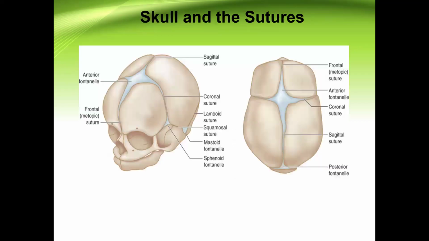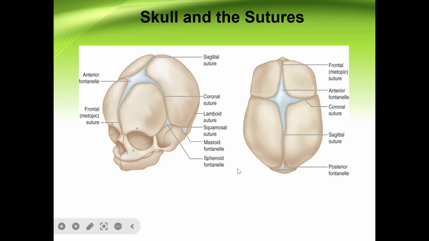All right, so this is just what I'm talking about. You have the frontal bone. This is the metopic suture uniting both of them. The coronal suture uniting the frontal and the parietal, and the sagittal suture uniting both parietal bones, okay?